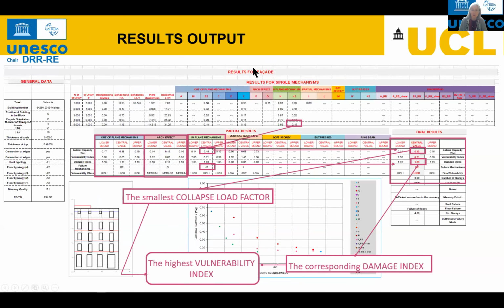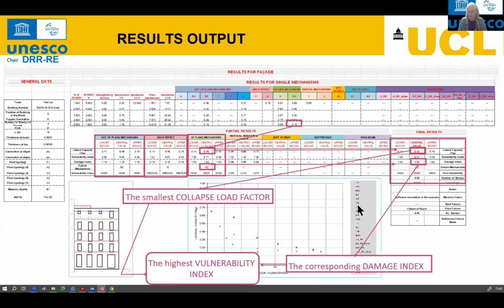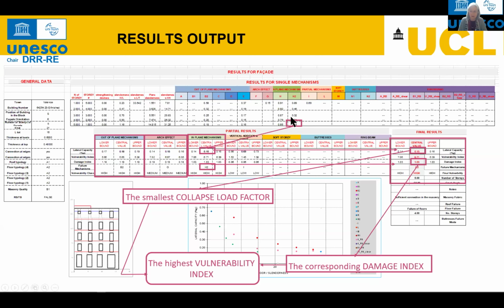So when you receive the output of your results, these are the results for the particular facade that Arianna sent earlier. We can see here that we have different sets, which I will describe in more detail in the following slides, but basically under mechanism H2, we can see that we have the minimum value of the collapse load factor.